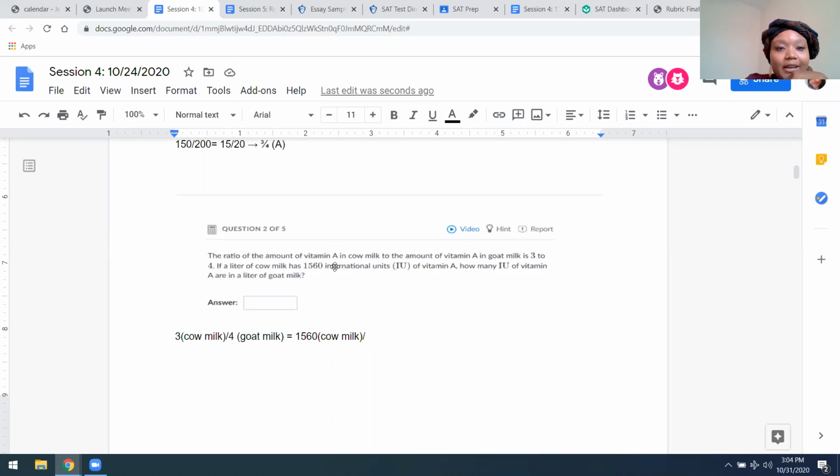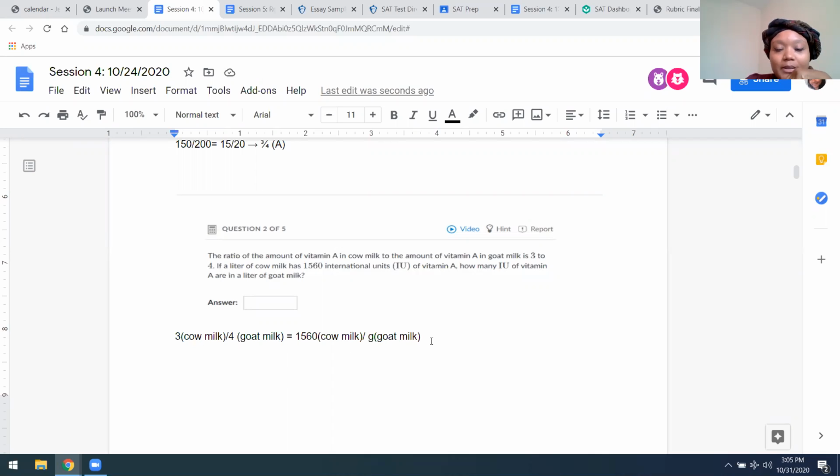So if we have 1,560 IUs of vitamin A in cow milk, that means that goat milk is going to go on the bottom. I'm going to use G for goat. It's better writing this out vertically, but again, we're using Google Docs, so bear with me.